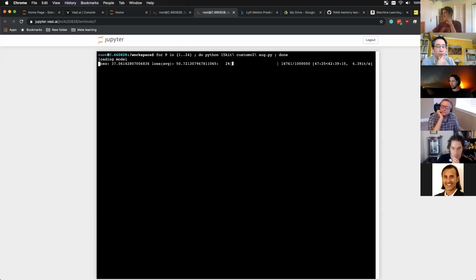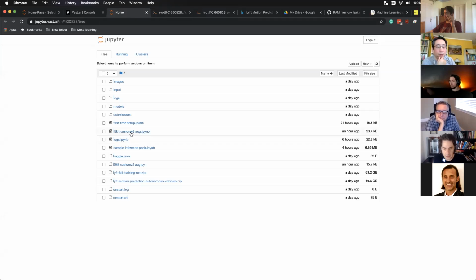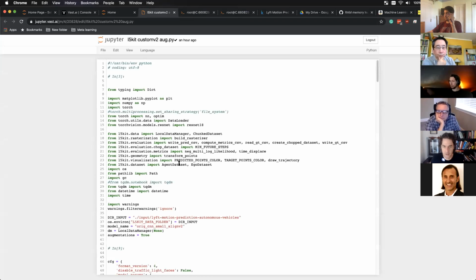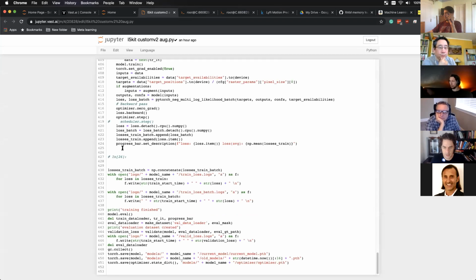Yeah. This is minor, but if you do fixed width numbers in your printout for that status on your TQDM bar, that will dramatically speed up the display delay in putting those characters on the screen. Is that directly in the TQDM call? Well, how are you displaying that loss within TQDM? Are you defining that string that it's displaying for that loss, or is that defined by somebody else?